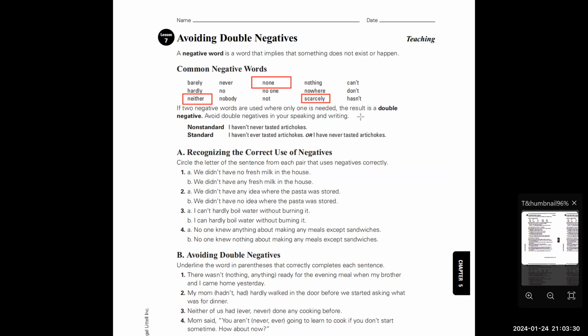Scarce. Meaning like a little only. For example, scarcity of food, like there is not enough food, just a little. So scarcely means just a little amount of something, and that is a negative word.